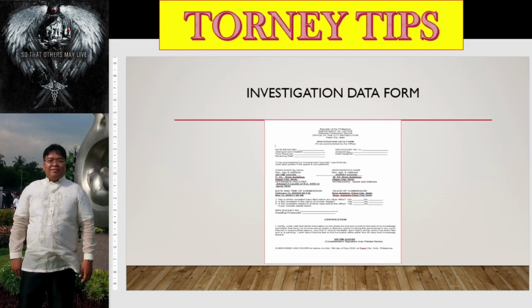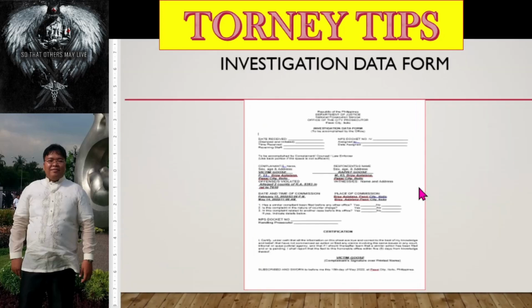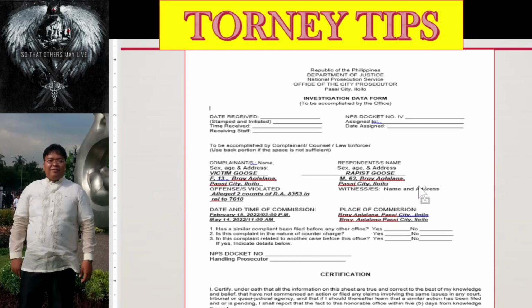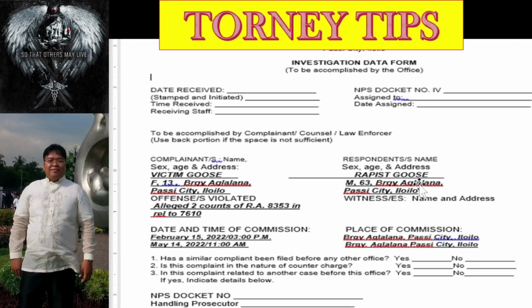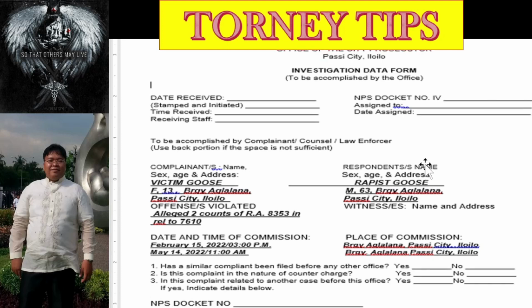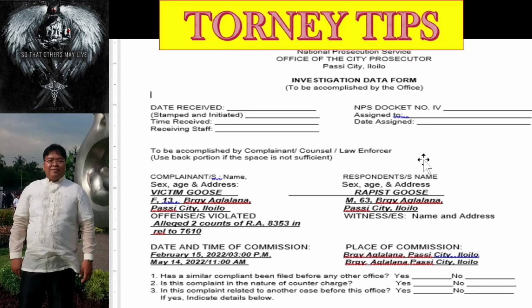Now, if you can see a copy of this investigation data form, I chose to change the actual names of the victims and the complainants in this case. In this investigation data form, it is notable to see the name of the complainant.